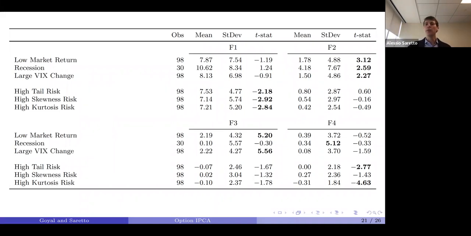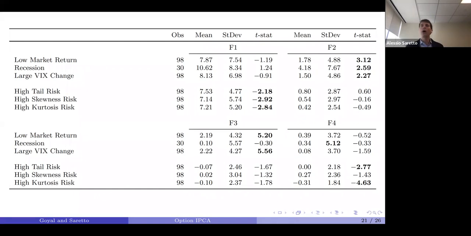The second factor seems to be linearly related to the first two moments, whether it's low market return, recession, or big changes in VIX. The third factor again seems to be positively related to the first two moments, and the fourth factor seems to be, again, negatively related to tail risk events. So the first and the fourth factors are tail risk factors from an aggregate point of view.